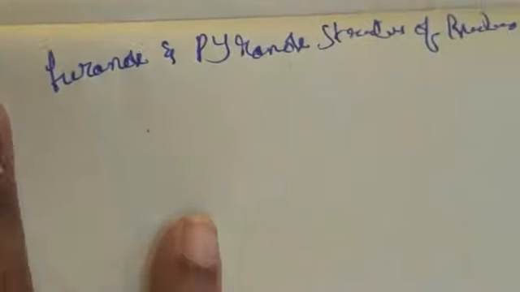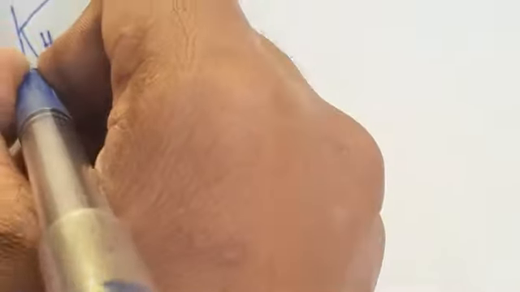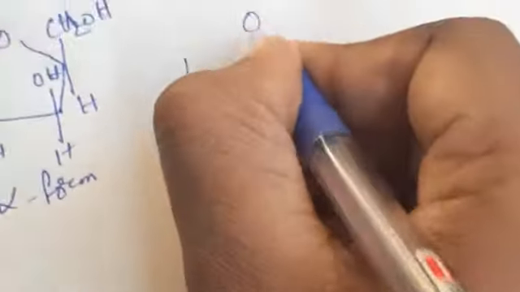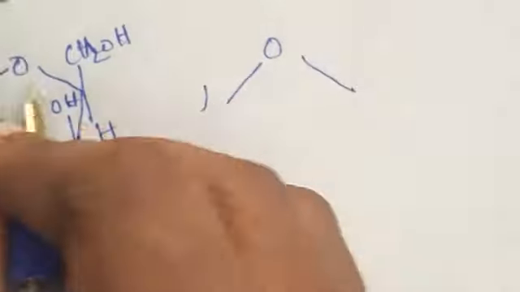Coming to furanose structures, we call these Haworth formulas. So here H, OH, OH, H, CH2OH, H and CH2OH, H. This is in alpha form, and here the one on the right side.